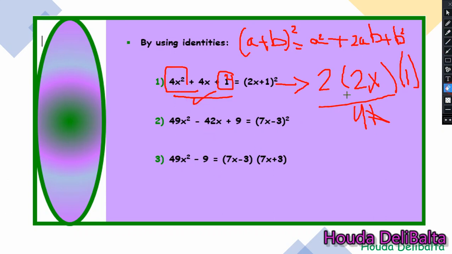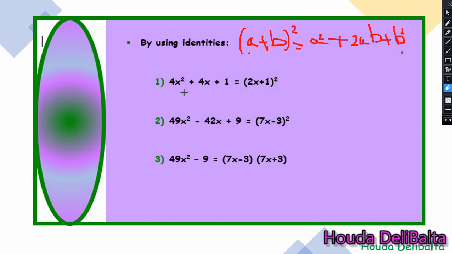So how to know what identity you have to use? If you have 3 terms, then you have to think of this identity, whether plus or minus. It depends on the sign in the middle. If it is a plus, then you put plus.